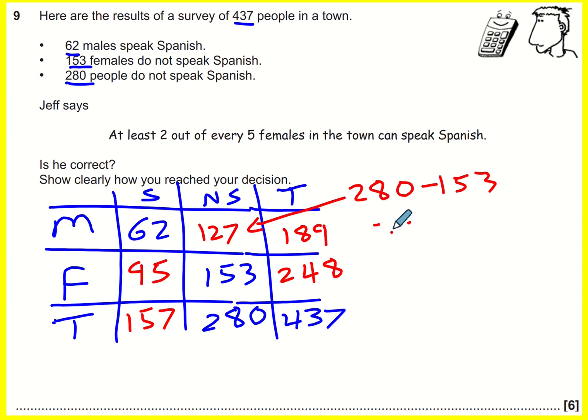So that's great. As long as I put those original blue numbers in correctly, I can be really sure that that is correct. All right, I'm not quite done, but I've got the information I need. I've got that 95 out of 248 females speak Spanish.